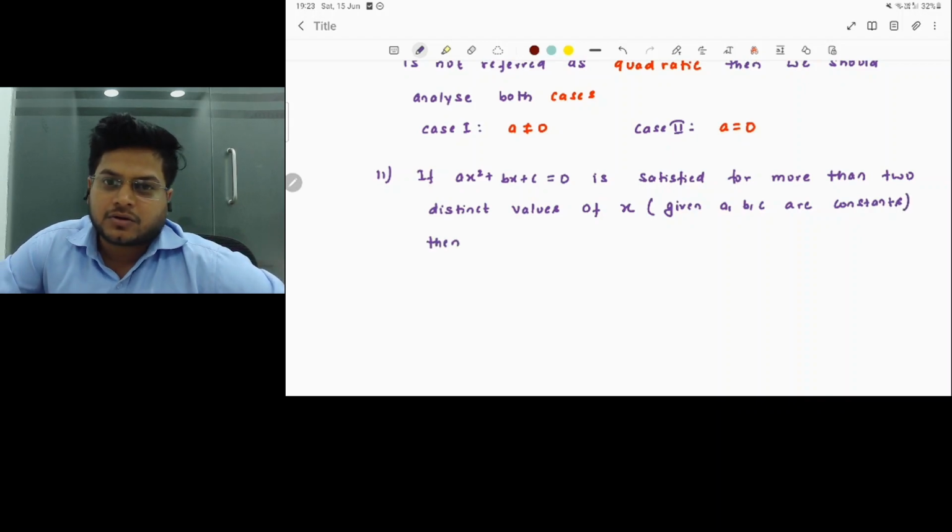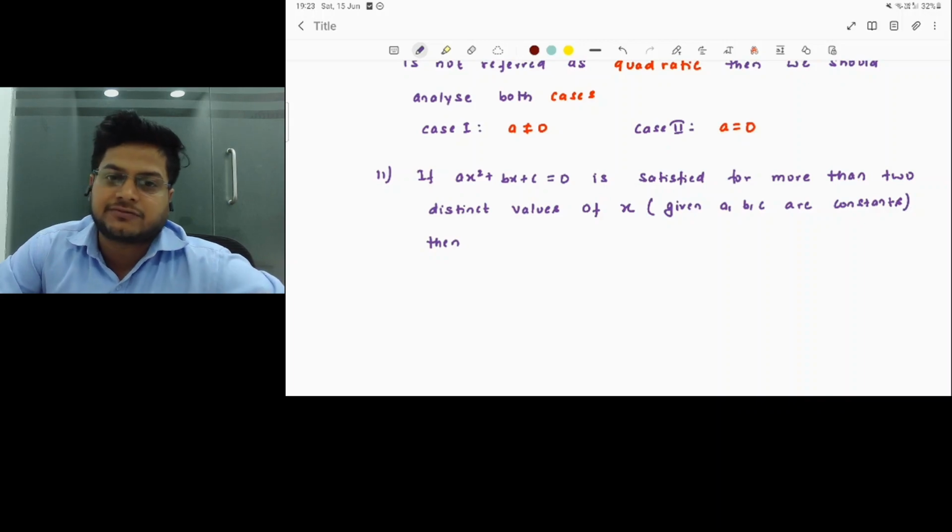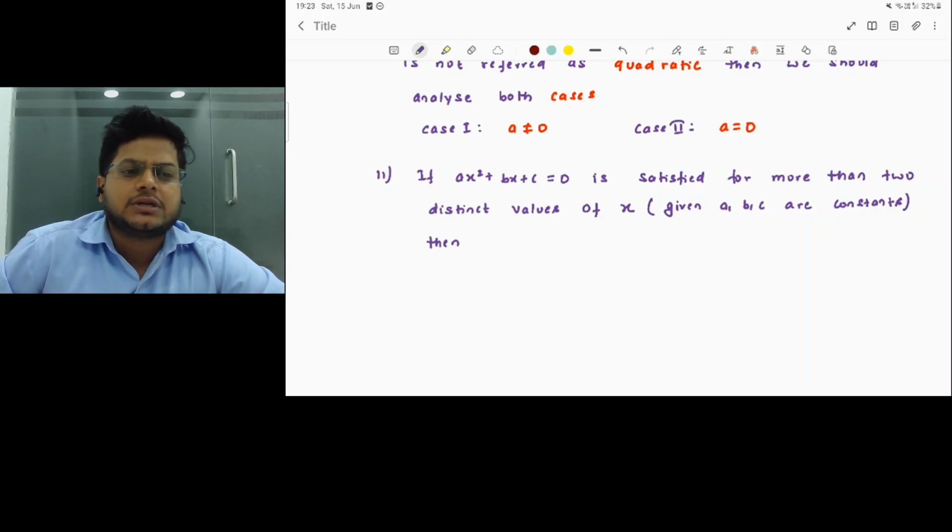Are constants means what I have written so far, that if ax square plus bx plus c equals 0, this equation is getting satisfied for more than two distinct values of x.